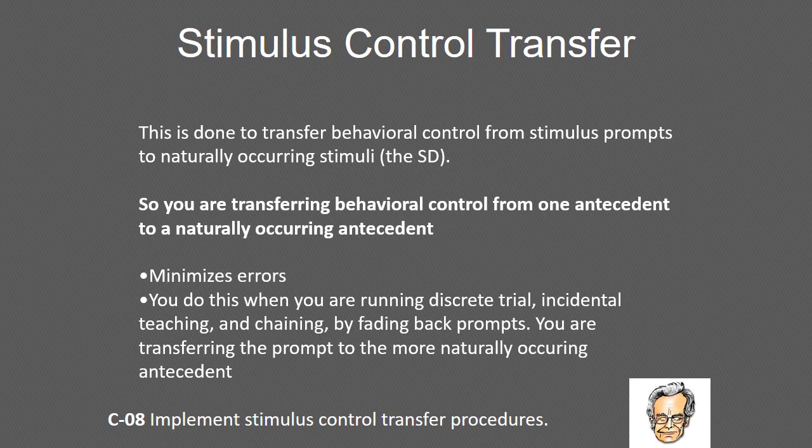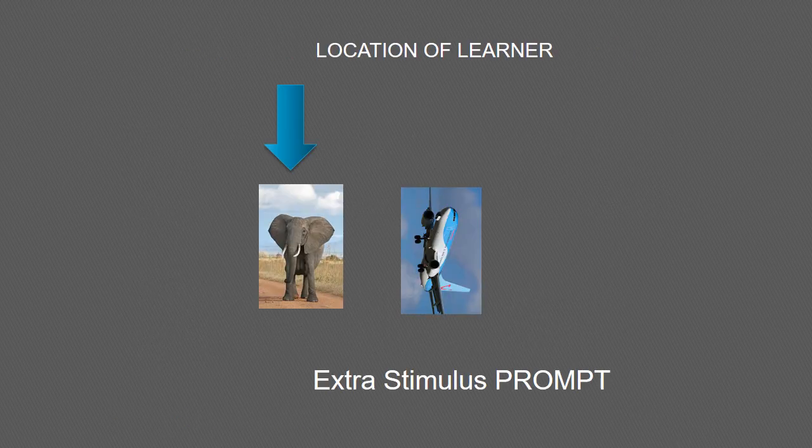So to illustrate this, let's go back to our elephant example. When I say touch elephant, and the person touches the elephant because of that arrow, they are really touching the elephant because of that prompt, right? I'm giving them that hint. But as I fade that prompt back, and I still use the same instruction, touch the elephant, what I'm doing is transferring the stimulus control of the arrow to my more naturally occurring one, which is me saying touch the elephant.